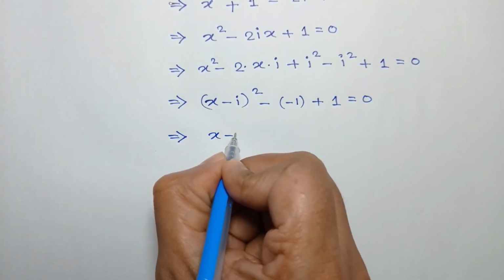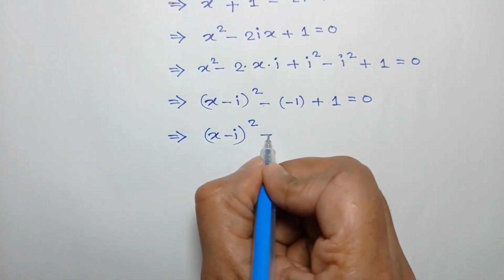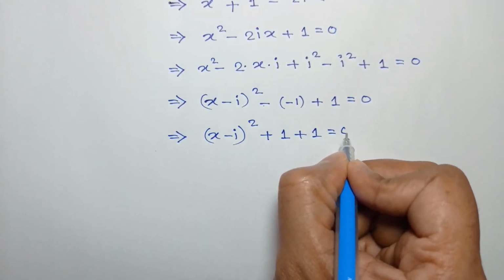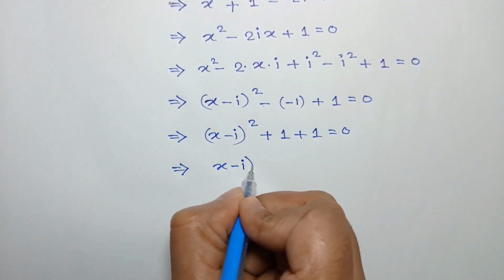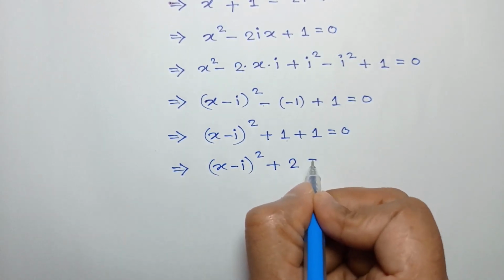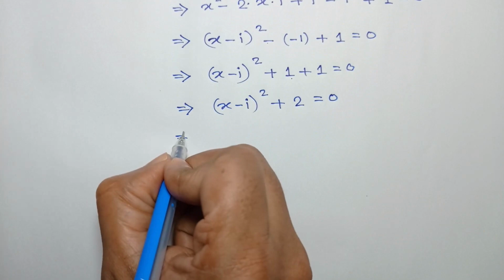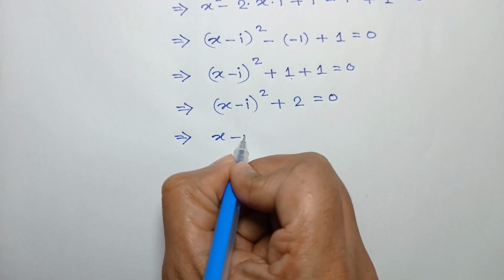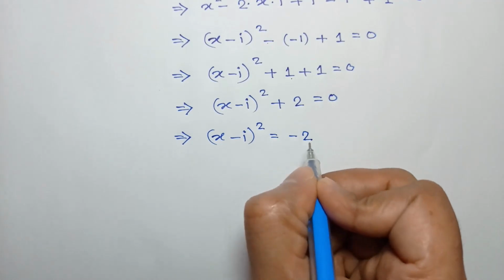Or x minus i whole square, minus this will be plus 1, plus 1 is equal to 0. Or x minus i whole square plus 1 is 2, is equal to 0. Taking this 2 to the right side, we can write x minus i whole square is equal to negative 2.